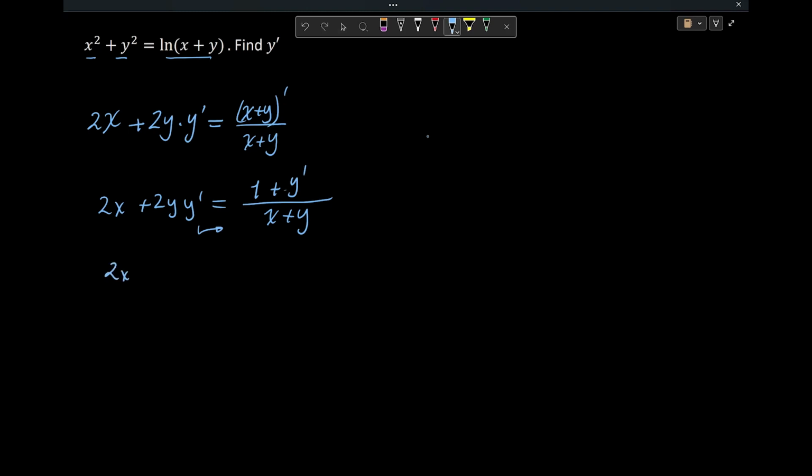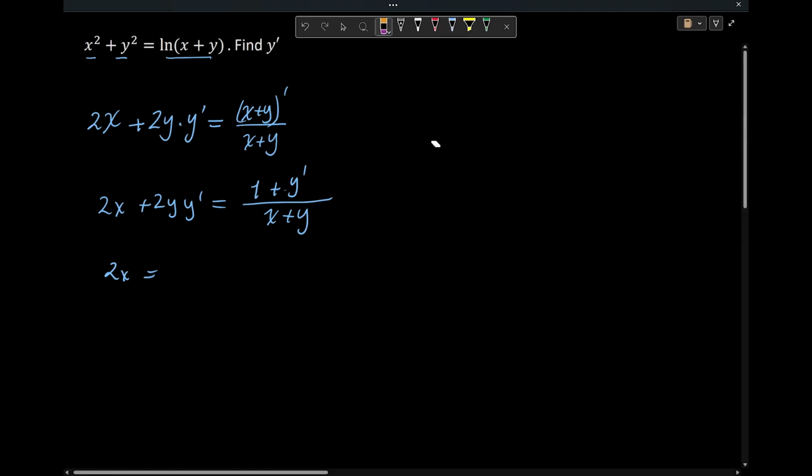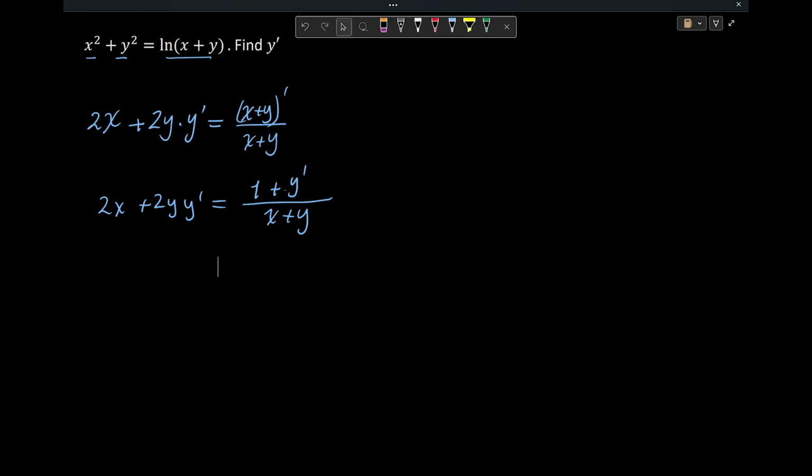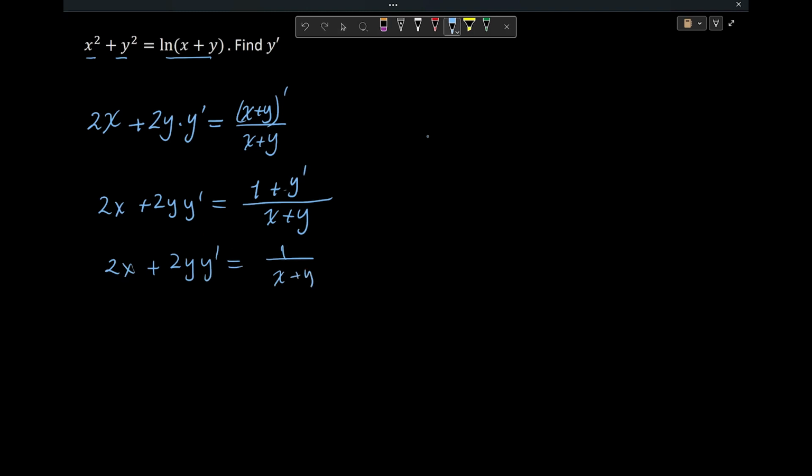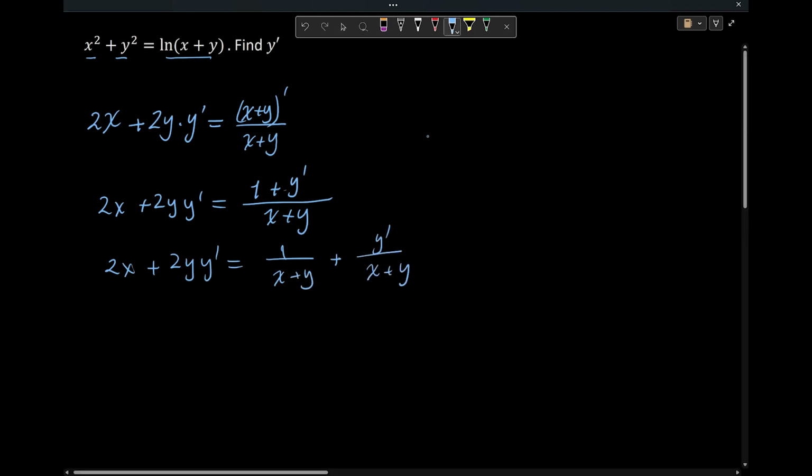So 2x equals 1 plus y prime. Let me see if that works. Let's separate the right a little bit. So it'll be 2x plus 2y prime equals 1 over x plus y prime over x plus y.